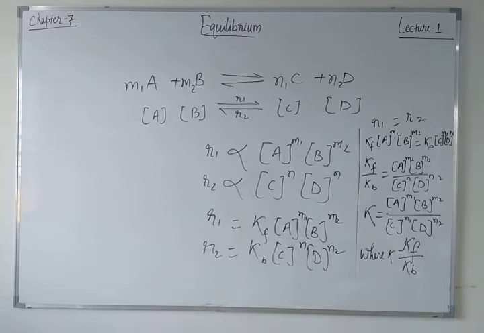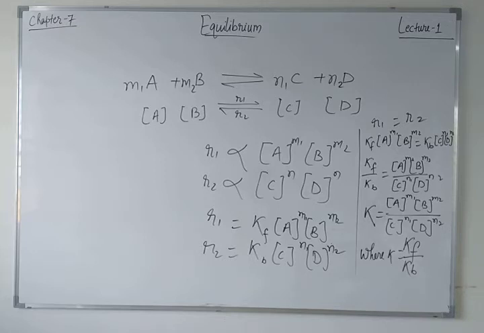So the equilibrium constant at a given temperature is the ratio of the rate constants of the forward and backward reactions. Are you understanding?